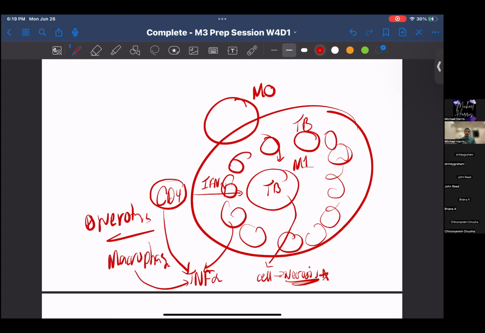So what do you think is the big factor that helps with keeping this walled off, with the center being necrotic with the bacteria? What factor? Do you think it's interferon gamma or TNF alpha?